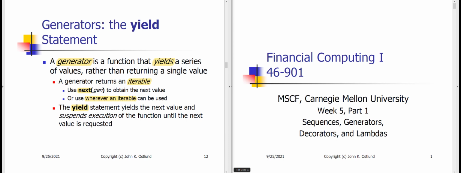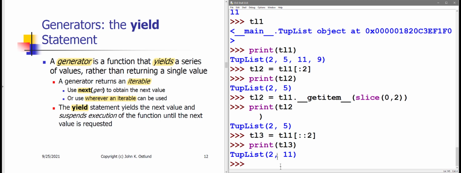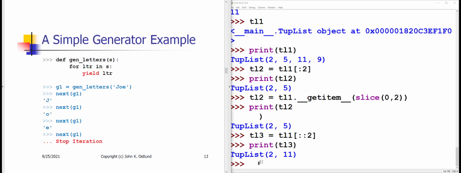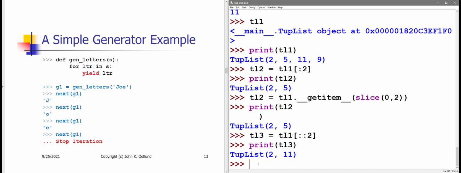So let's take a look at how this goes. Let me get back my code. All right, so here's what we were looking at with the tuplist. Here is a really trivial example of a generator called genletters. I'm going to define genletters of s. s is my argument.